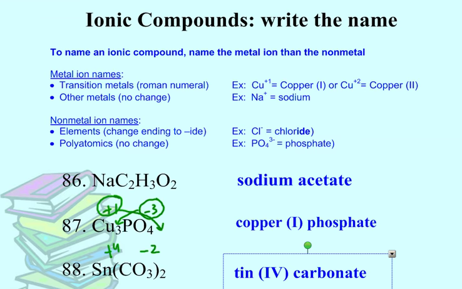So when I originally formed this compound, it would be Sn2(CO3)4, but then it reduces down to SnCO3 2. So this is tin 4 carbonate.